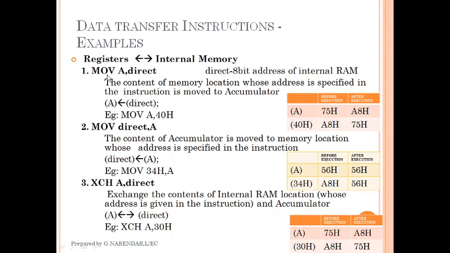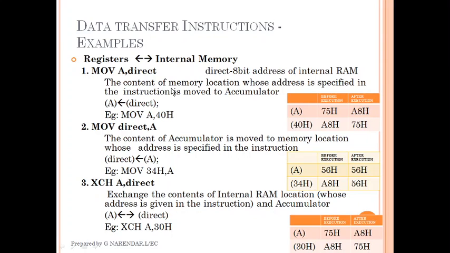So what this instruction will do: after the controller reads this instruction, it sees what is this 8-bit address, and this is the address of a certain memory location of the internal RAM, and from that memory location the data byte is copied to the accumulator.